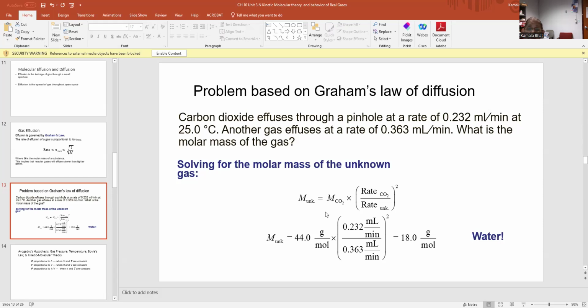The molar mass of the unknown gas is equal to the molar mass of carbon dioxide times the ratio of the rate of the carbon dioxide over the unknown gas, squared. When we put in the values, square it, and multiply by 44, we get 18.0 grams per mole, and that is the water molecule.